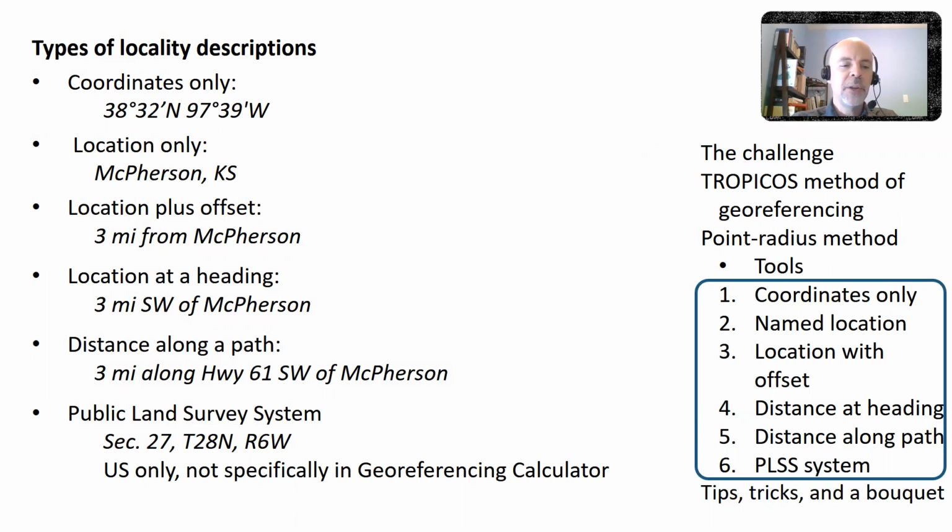And location at a heading: 3 miles southwest of McPherson, but that's more vague than distance along a specific path. And finally, the public land survey system, which isn't in the georeferencing calculator specifically, but I'll show you how to use a nifty website to get it into the format that we would use in the georeferencing calculator.